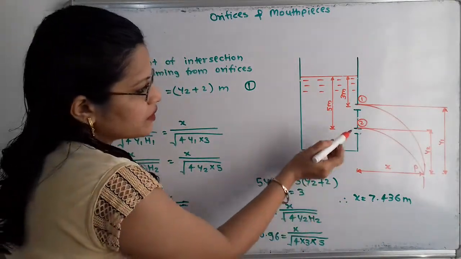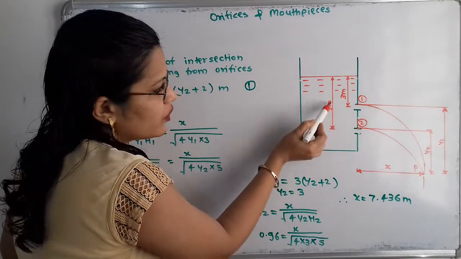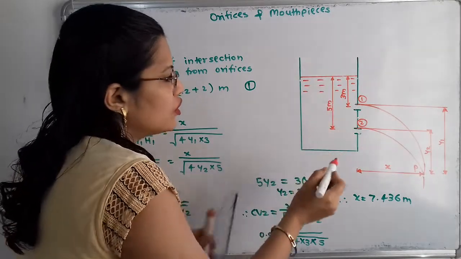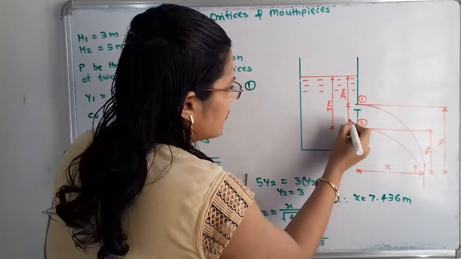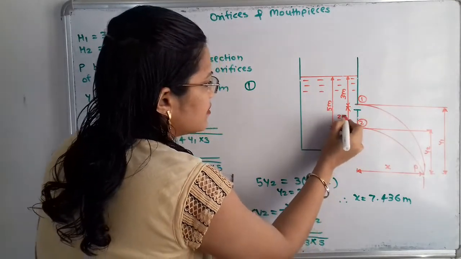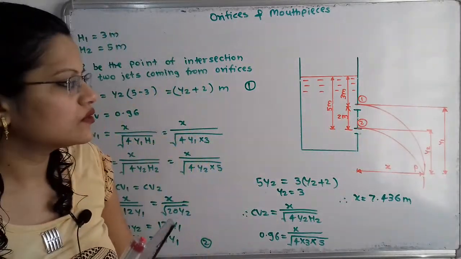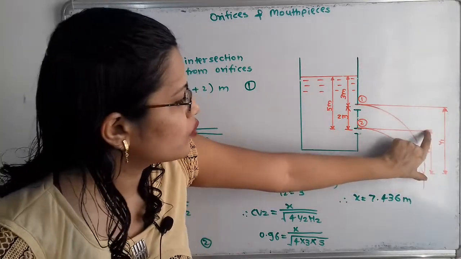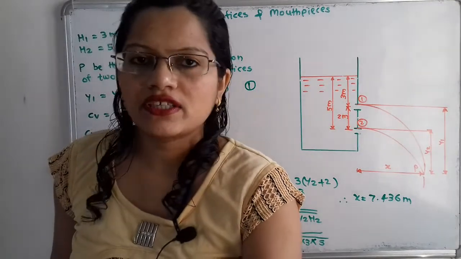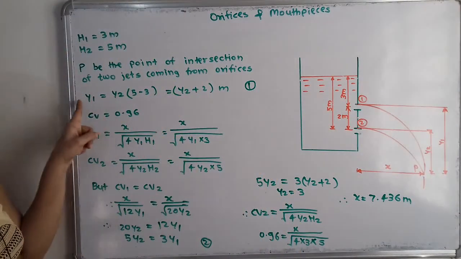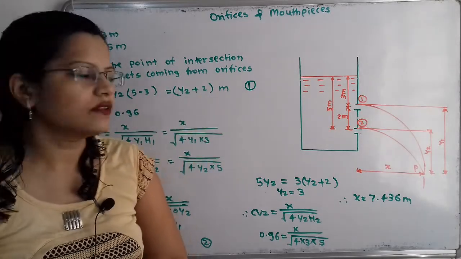Now if we observe the distance between orifice 1 and 2, it is 5 minus 3, which is 2 meters. So the relation between y2 and y1 is y1 is equal to y2 plus 2 meters. This is equation number 1.